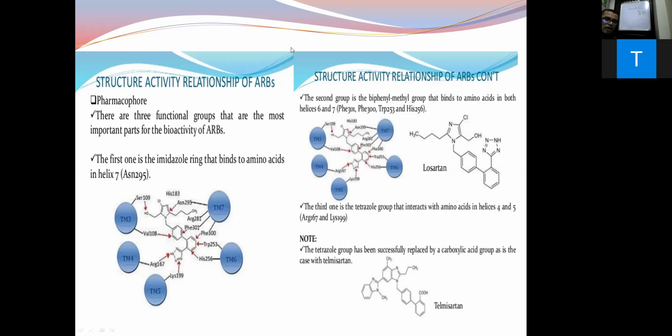Now that was losartan. In case of telmisartan, what do you see?